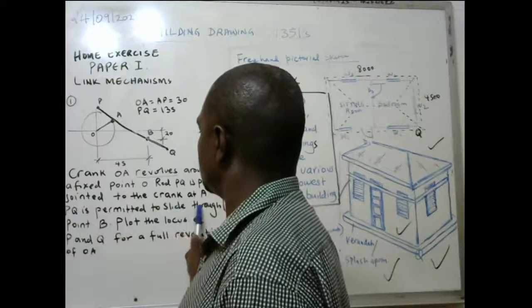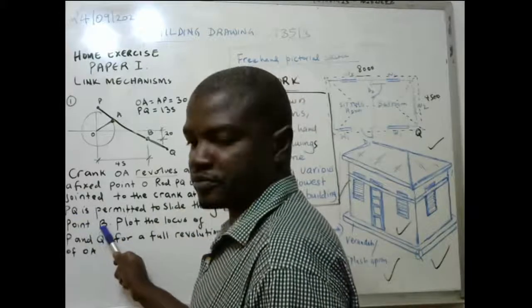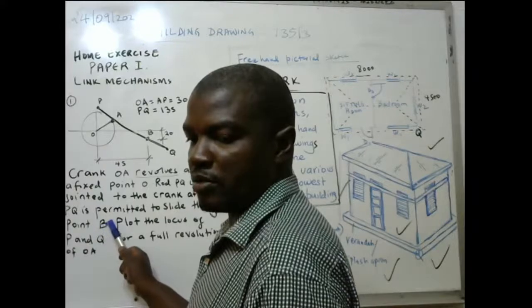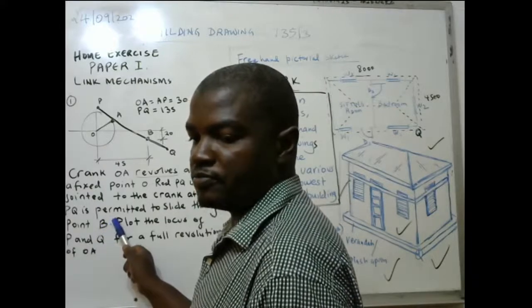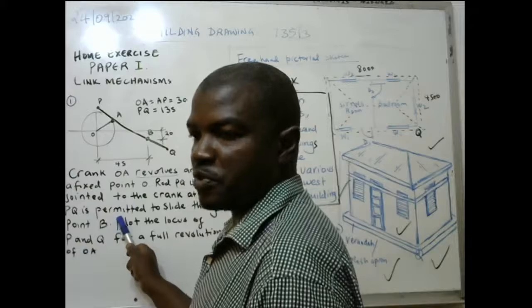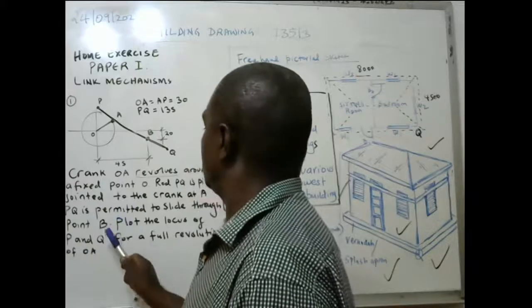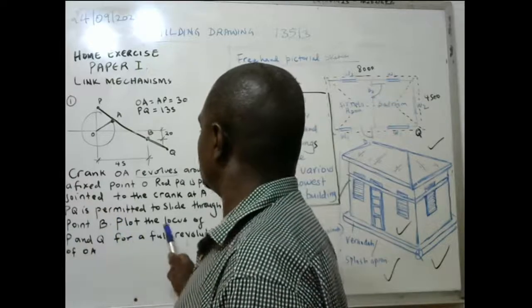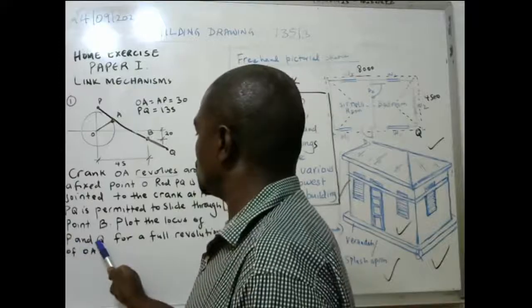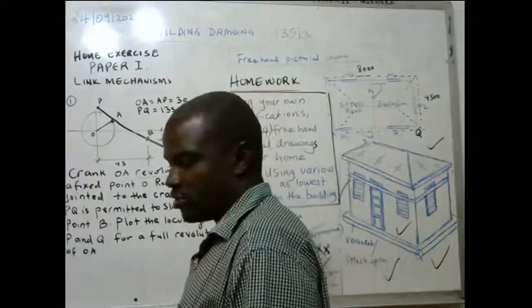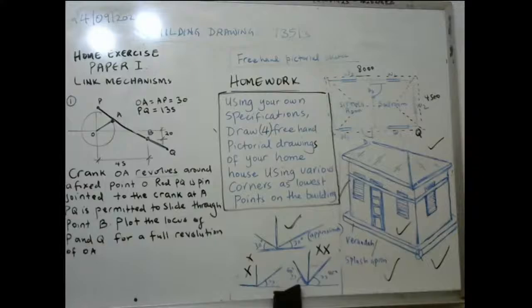PQ is permitted to slide through point B. Then you are required to plot the locus of P and Q for a full revolution of OA.